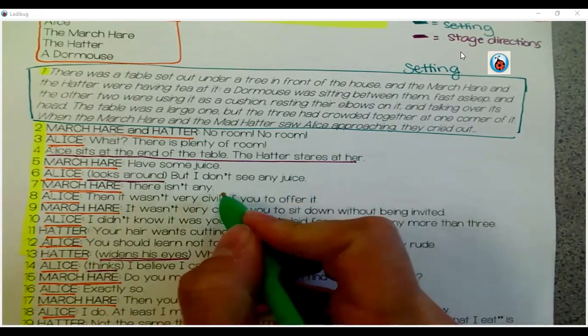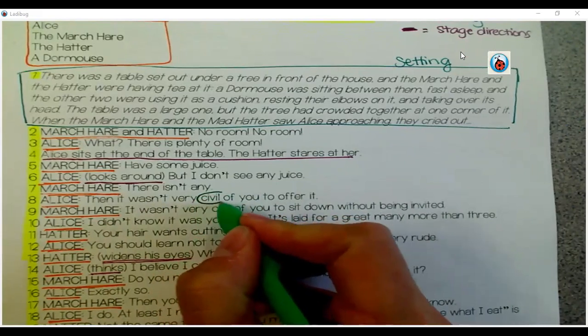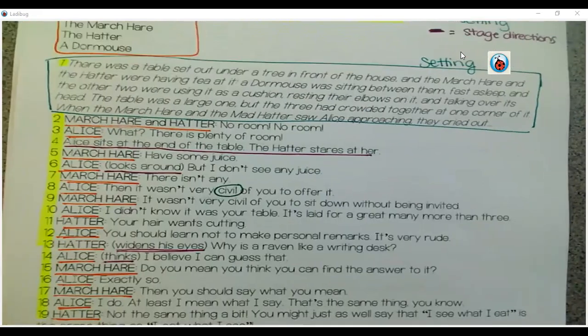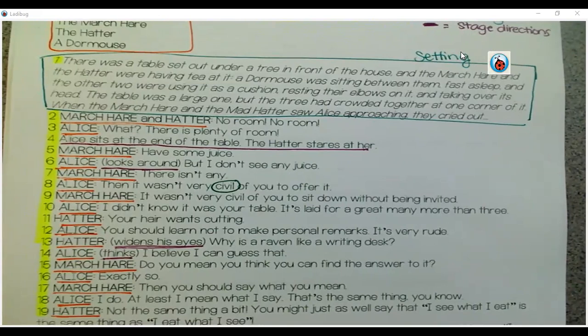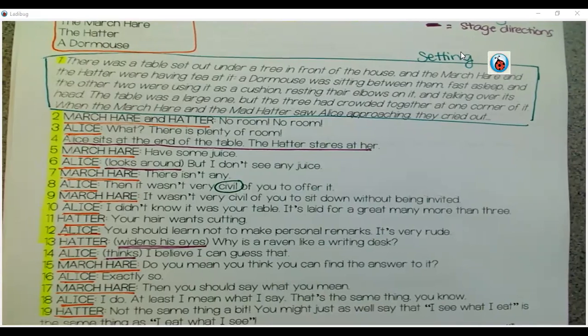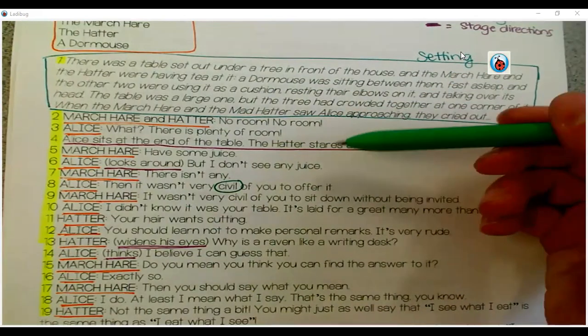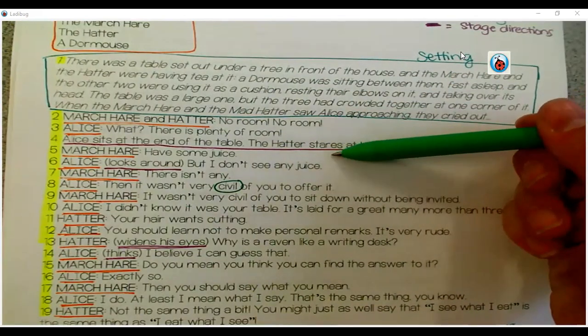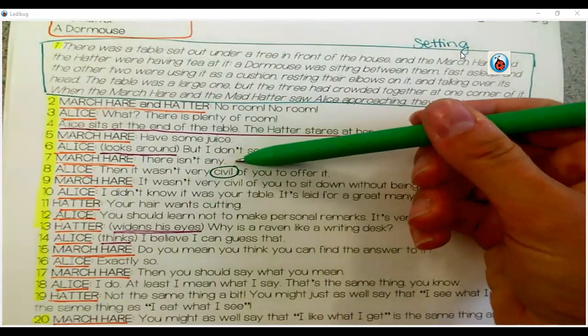Interesting. She said it wasn't very civil of them to offer it. If I don't know what civil means, I could use what I just read to help me fill in the blanks. So I know that, first of all, these characters are shouting no room when Alice is walking to a table, and that she was just offered juice, but then was told that there isn't any.